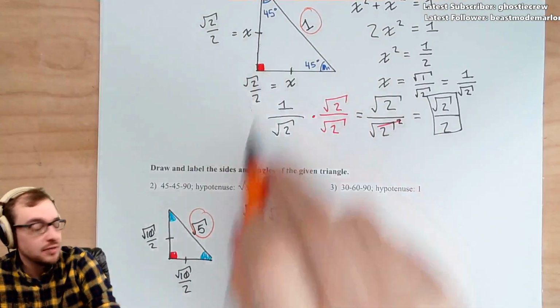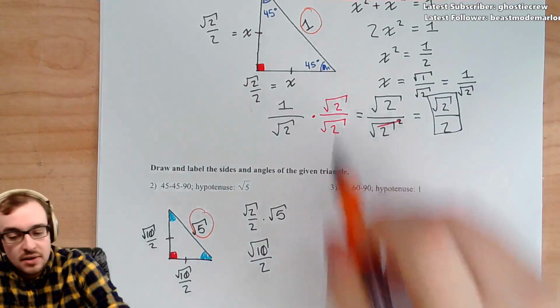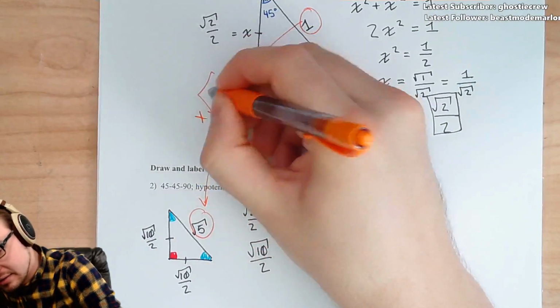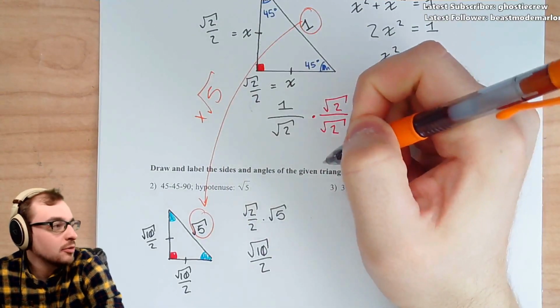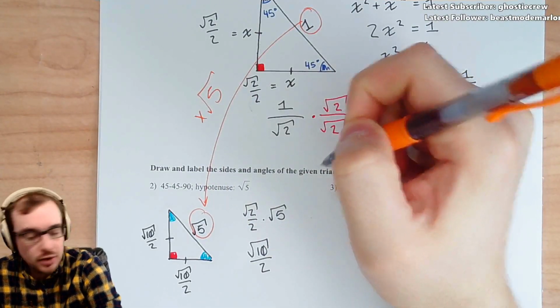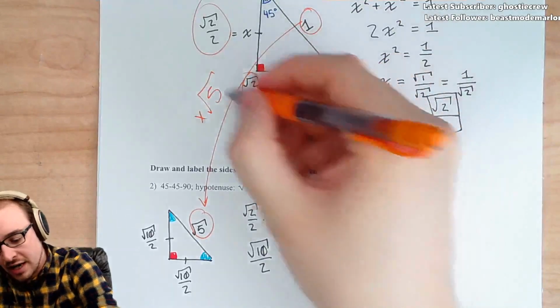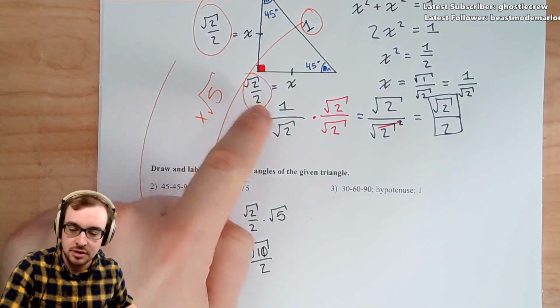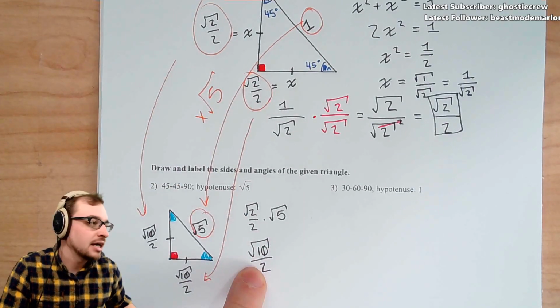They're both 45, 45, 90s, right? That's a 1. To get to root 5, we multiplied by root 5. So we're going to times these guys by root 5 to get to these guys. So that's what I did. I took root 2 over 2 and multiplied it by root 5, and I got root 10 over 2.